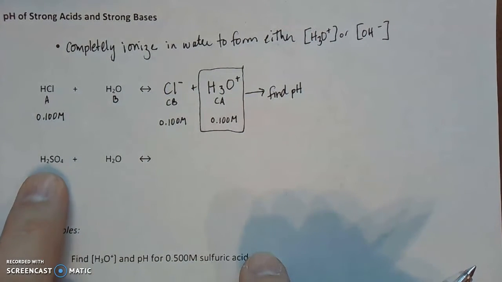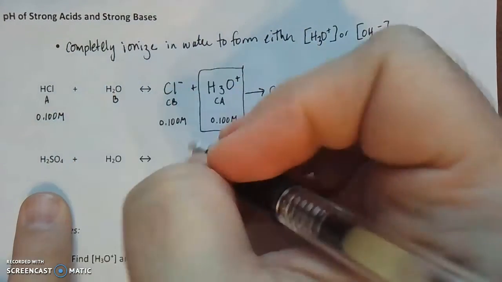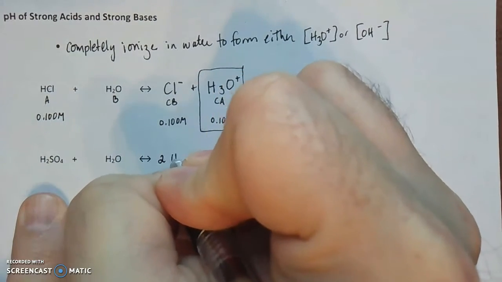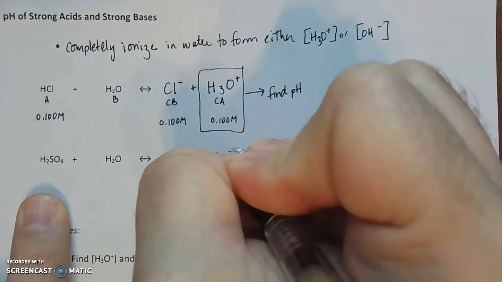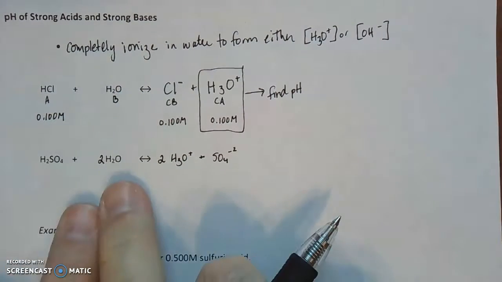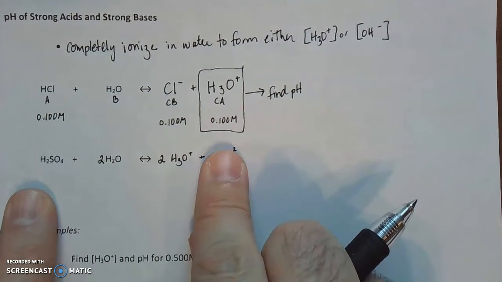But we run into a snag if we have something like H2SO4, or we have a base that has 2 hydroxide ions in it. So if we look at this one, we're going to end up with 2 H3O plus on this side and SO4 minus 2 when this one balances out, because we're going to have 2 different ionizations for this.